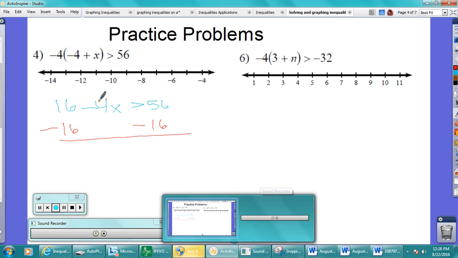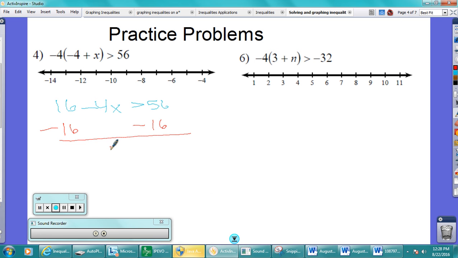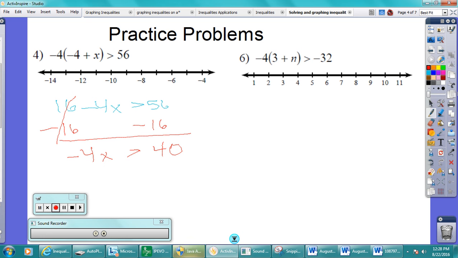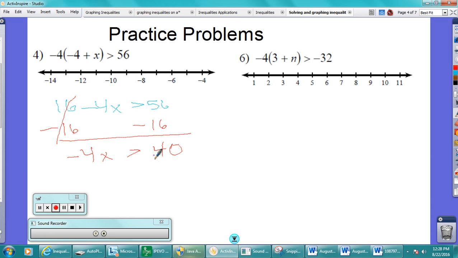16 minus 16 cancels. We bring down the negative 4. And what's 56 minus 16? 40. All right, so I'm not done. I still have to divide. But uh-oh, what's happening here? I'm dividing by a negative.